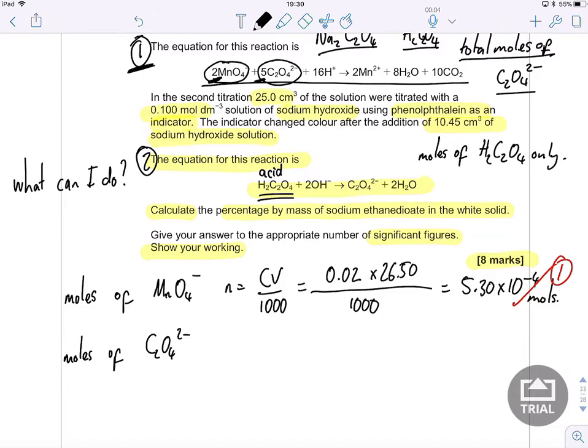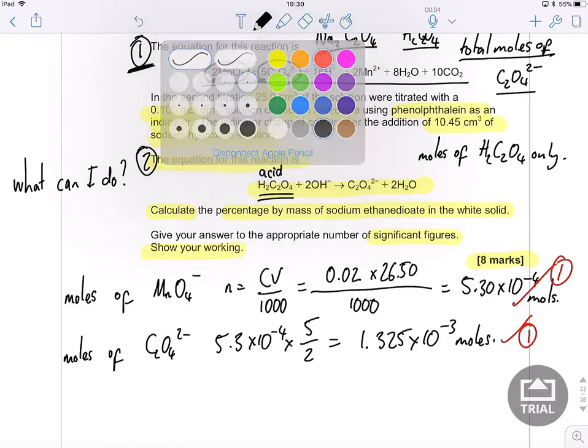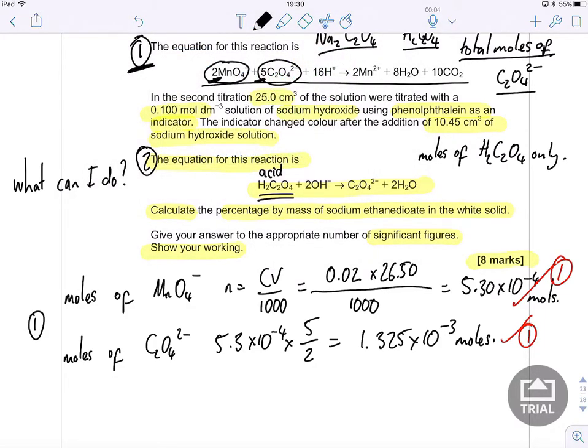So I need to take my moles of manganate, 5.3 times 10 to the negative 4, times by that ratio, 5 over 2. 5 moles of ethanedioate reacts with 2 moles of manganate. That gets me 1.325 times 10 to the negative 3 moles of my ethanedioate, and I've got another mark if I've done that. So that was titration number 1.